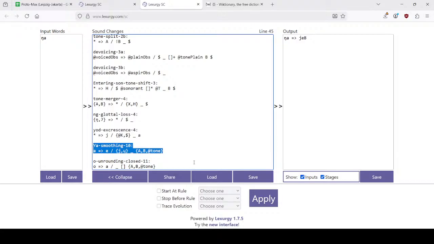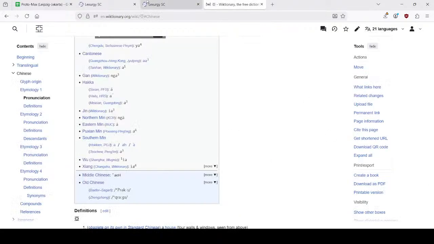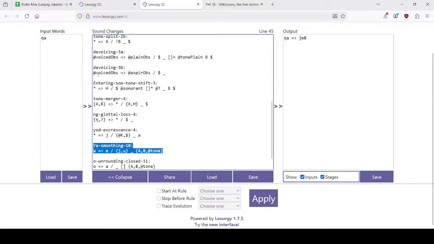I think that might mean that nga loss is a very late thing, and then ya as well. Or maybe we can just ignore this word for now, because it's not in the set.